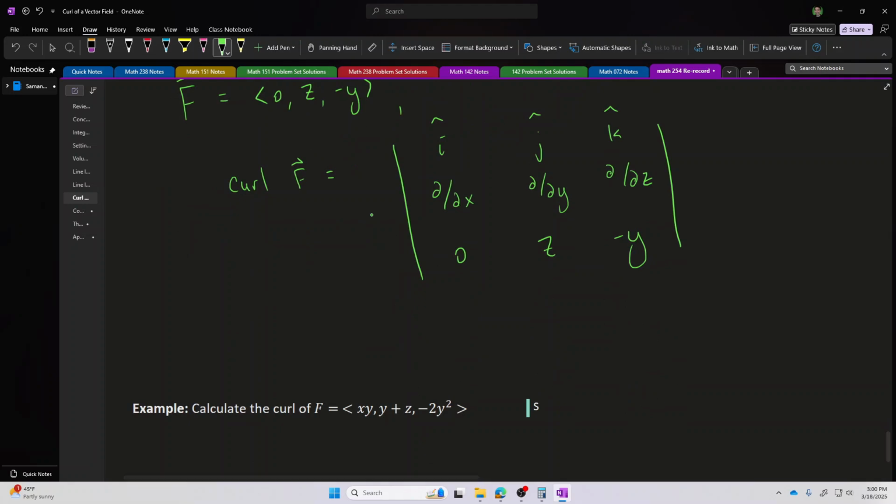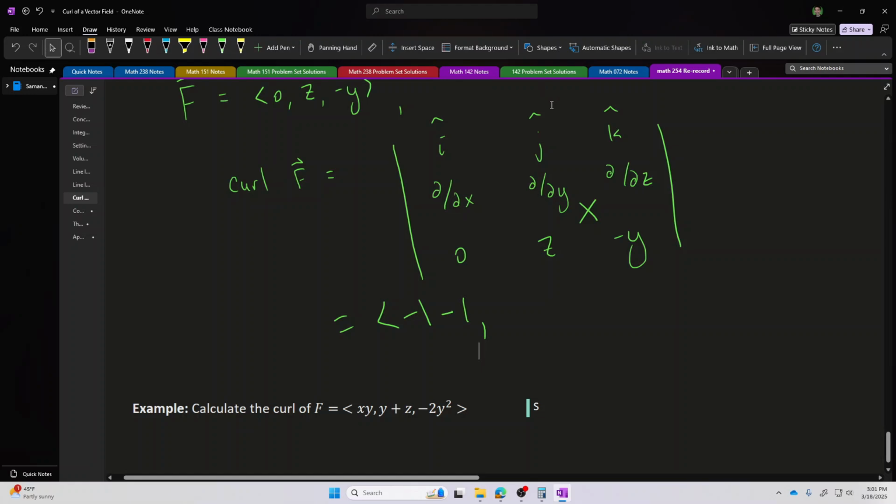So the x component would be found by taking these diagonal partial derivatives. Now the partial derivative of negative y with respect to y is minus 1. And then I would be subtracting the partial derivative of z with respect to z. So I'm subtracting 1.